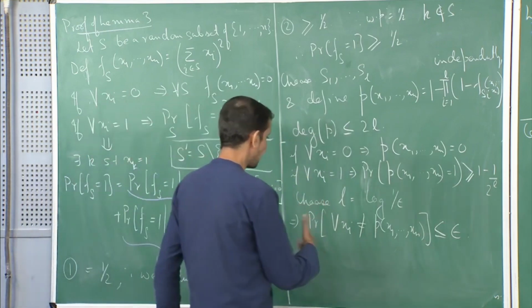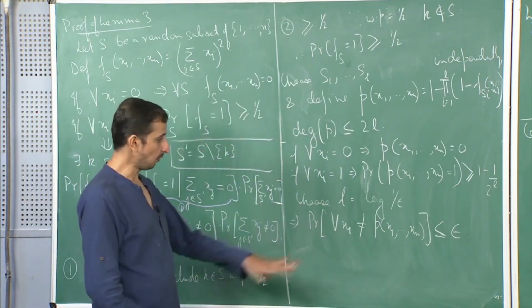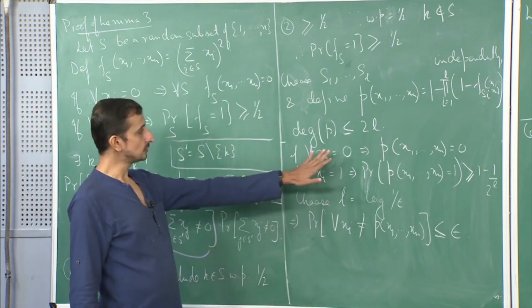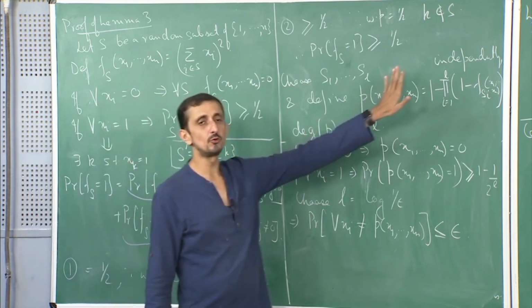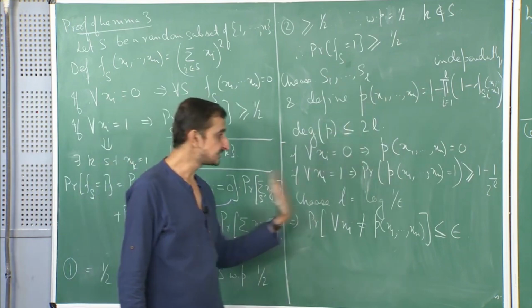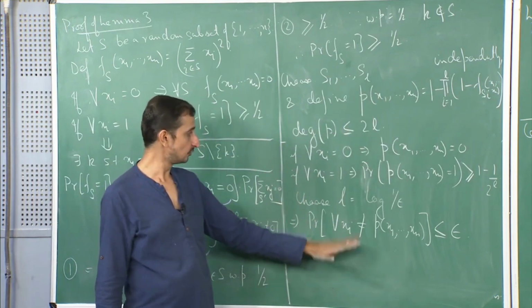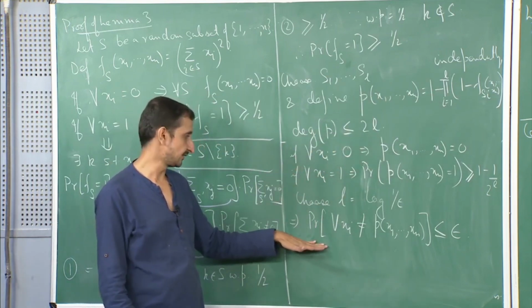Okay. So, now what is this? This probability is over my choice of S1 up to SL, for each and every x. So, for each and every x this is true over my choice of S1 up to SL.